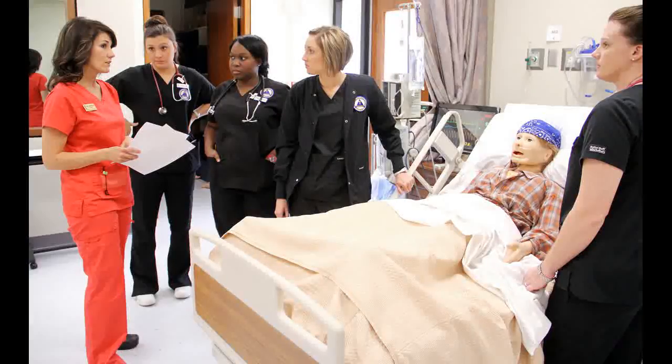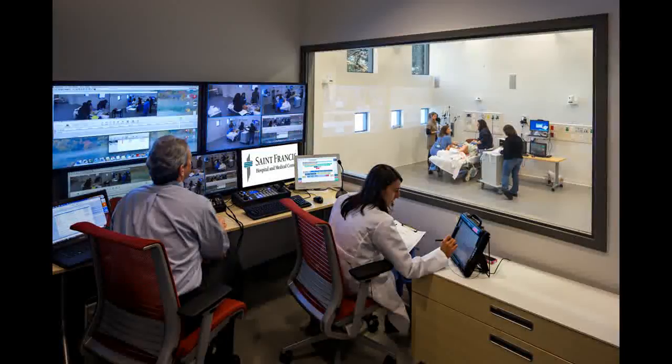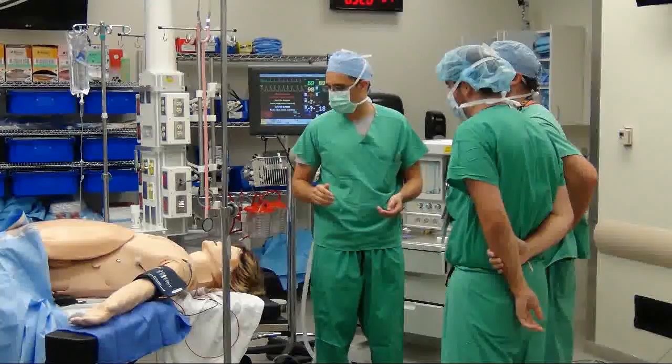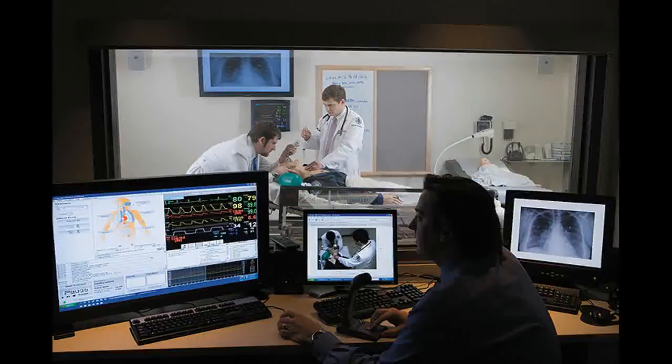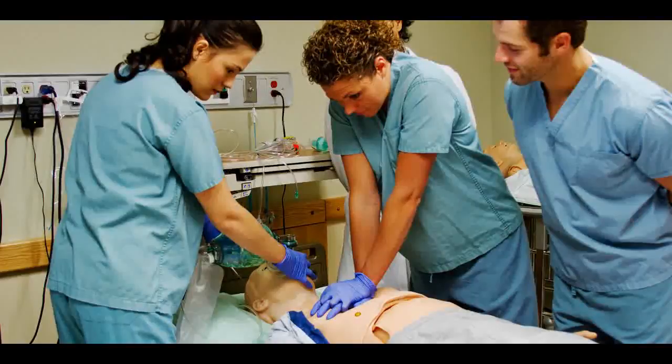So let's talk about the benefits and disadvantages of simulation. Starting with the benefits, they provide realistic skill practice. This is kind of the number one reason to even use simulation. Other benefits are that the instructor can observe every step that the student makes during a simulation and then provide positive criticism.